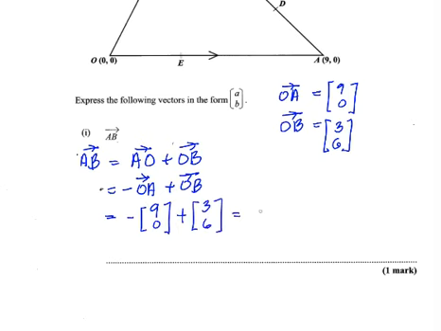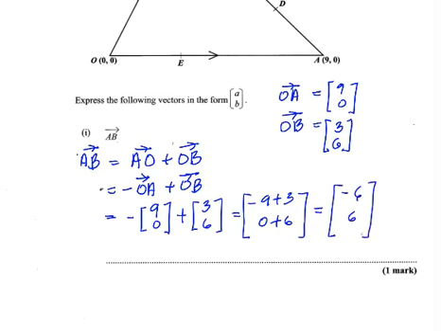And this is equal to minus 9 plus 3 and 0 plus 6. So the vector AB is the vector (-6, 6), minus 6 at the top and 6 at the bottom.